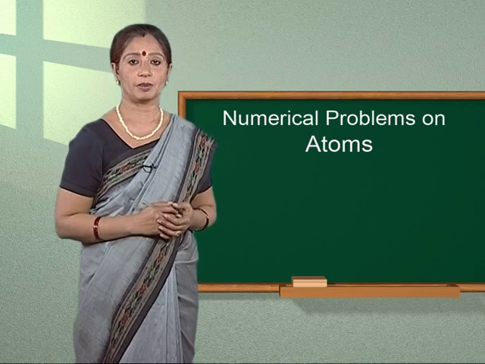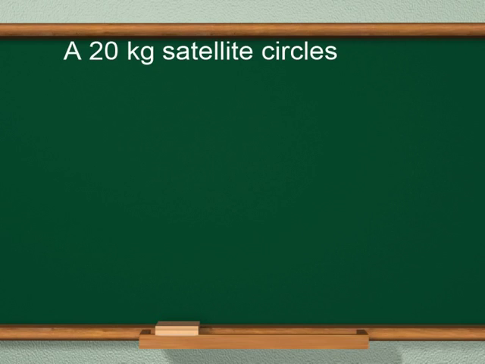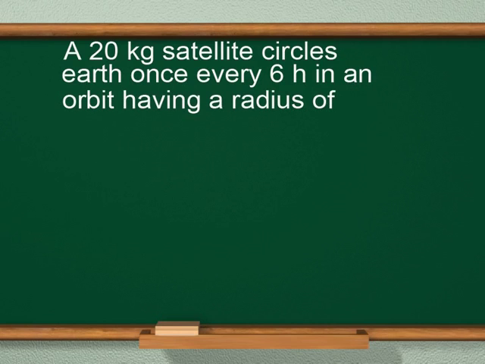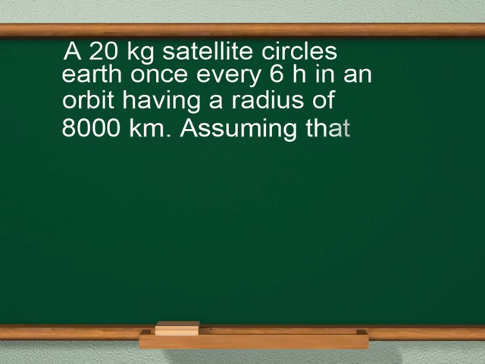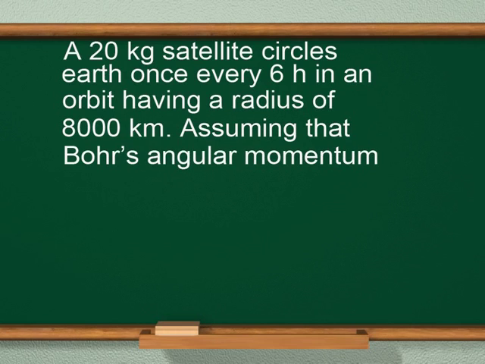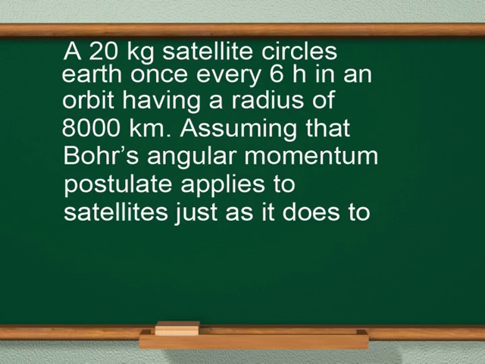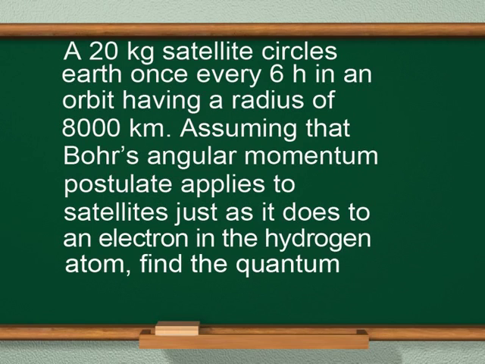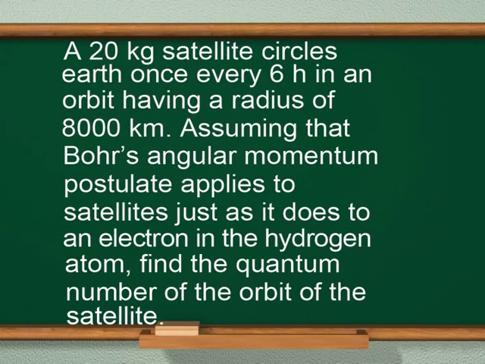The next problem is a 20 kg satellite circles Earth once every 6 hours in an orbit having a radius of 8,000 km. Assuming that Bohr's angular momentum postulate applies to satellites just as it does to an electron in the hydrogen atom, find the quantum number of the orbit of the satellite.